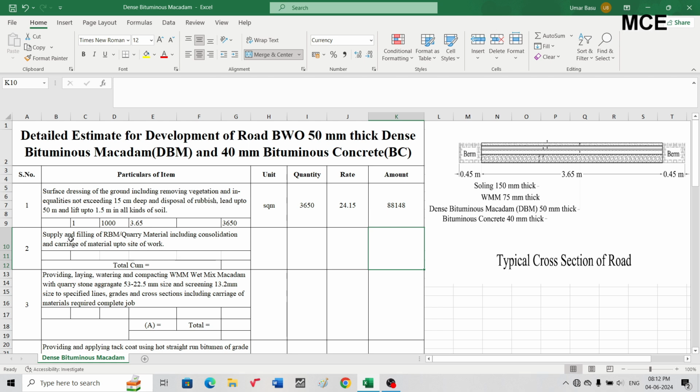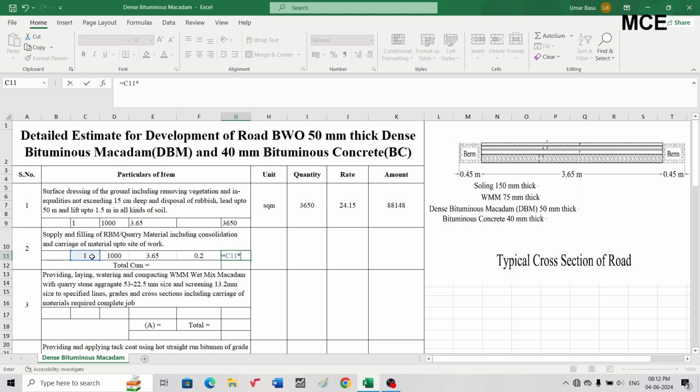Next item is the supply and filling of RBM or murrum material. This item is GSP. Its thickness is 150 mm compacted thickness. Again number 1, length 1000 meter, width 3.65. Since we need a compacted thickness of 150 mm, we will lay a thickness of 200 mm or 0.2 meter, and then we will compact it to the 150 mm thickness.